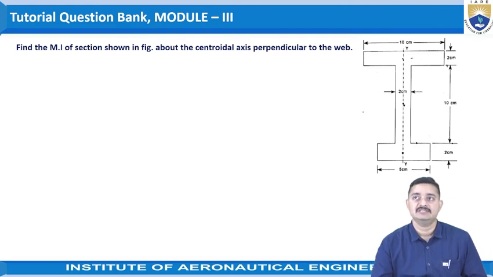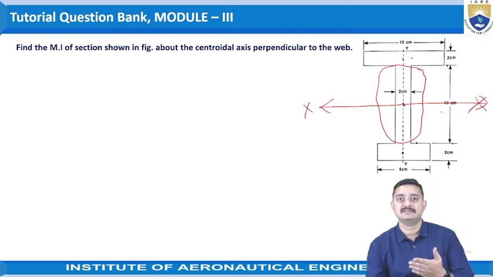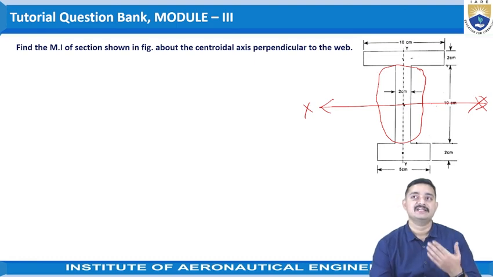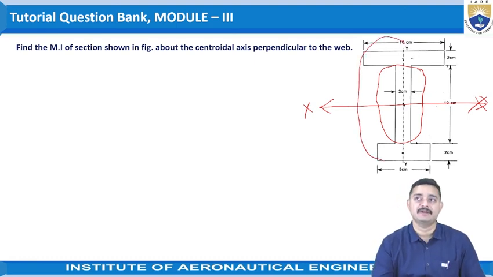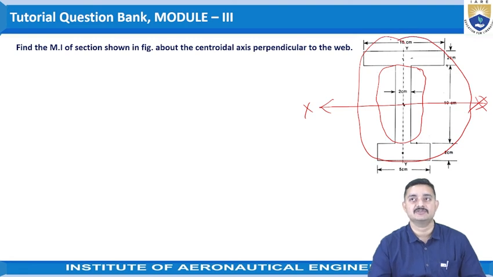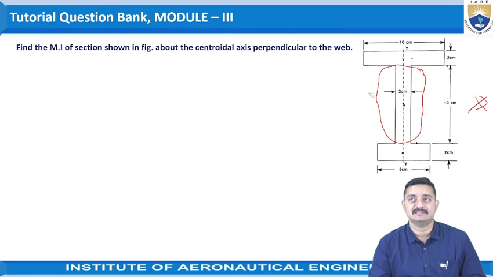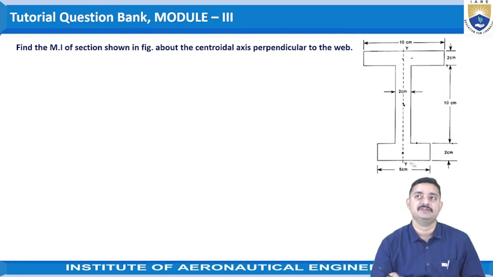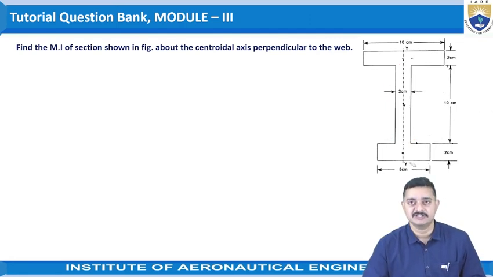This is the web of this I section, and the axis perpendicular to the web is the horizontal axis, which passes through the centroid of this total lamina. With respect to that axis, we need to identify the moment of inertia of this I section. So let us start the problem.